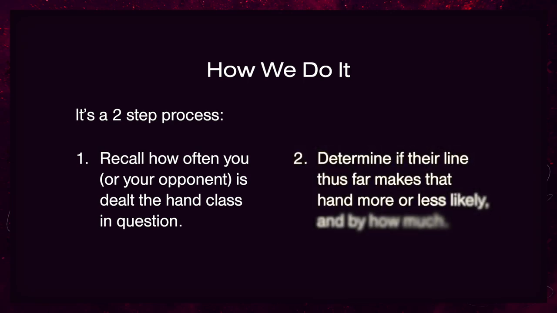The second is, once you have that information in your mind, you take the action that has been taken in the hand, either by your opponent or yourself, or actually usually both, and determine how often those hand classes would have played in that way compared to how often your range would have played in that way.